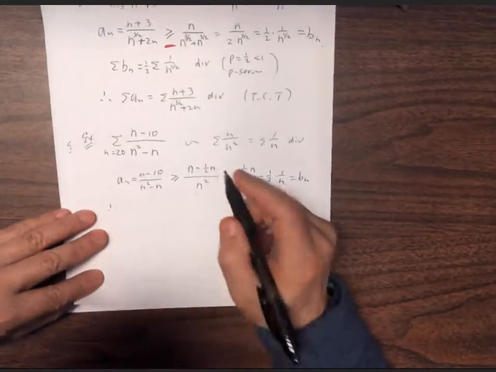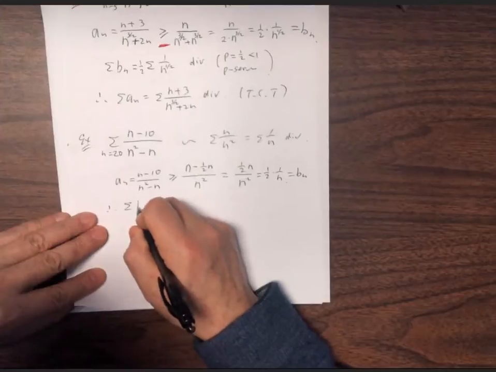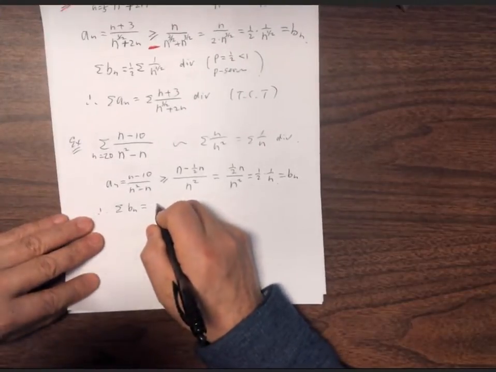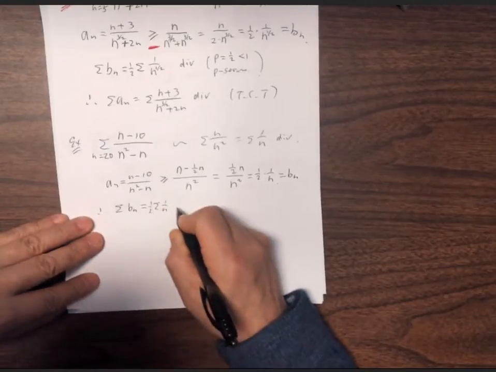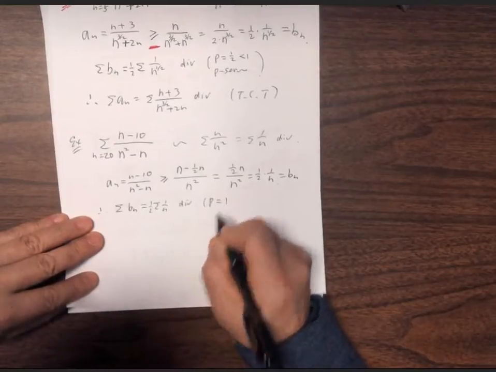Just like the previous example, then we actually state sigma Bn, there's 1/2 in the front, diverges, P series, P equal to 1.